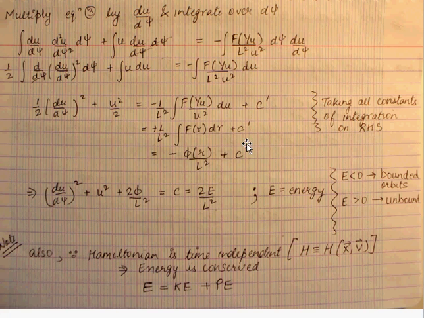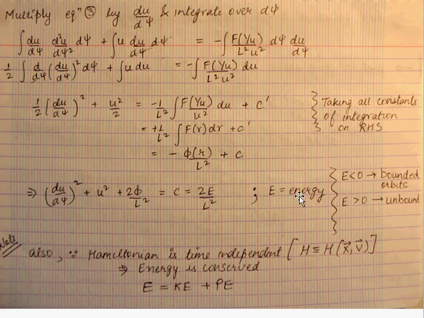Now the c dash becomes c, because this integral would give another constant of integration. And we have this term over here on the left hand side. So we can rewrite this equation as (du by d psi) square plus u square plus 2 phi by L square, everything gets multiplied by 2, equals c, which I write as 2E by L square, and I call E the energy.